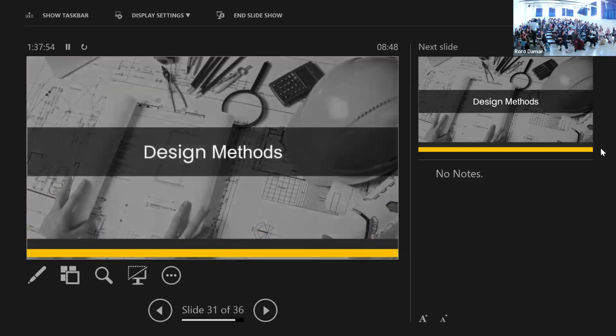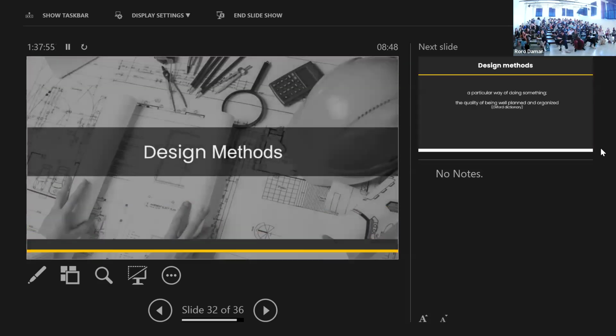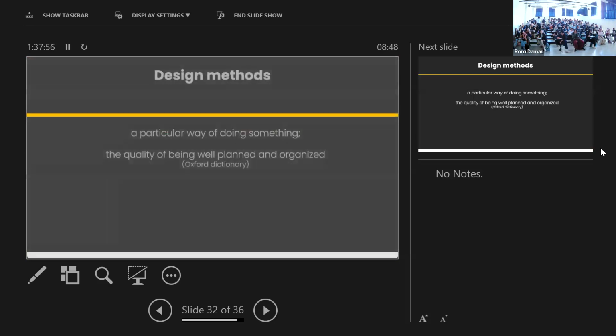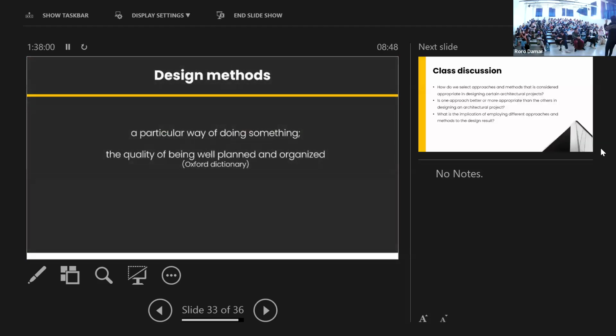I think this is the last bit, the design method. If the approach is the way of looking, the method is how to do something, to generate something. Like the crazy 8 we did, that was a method. Another method is, for instance, design charrette.